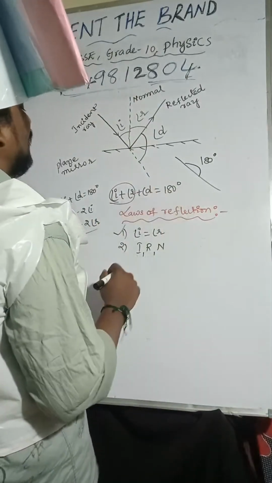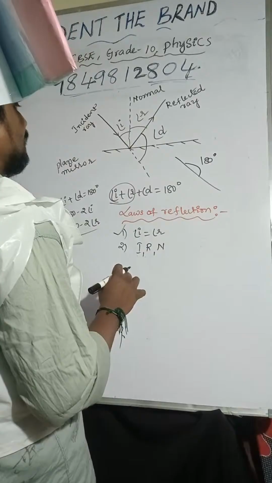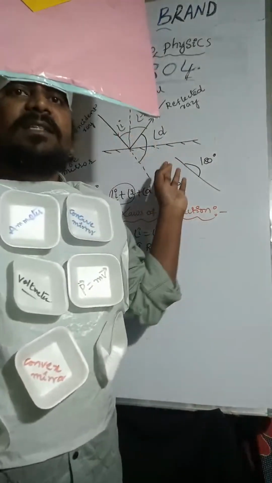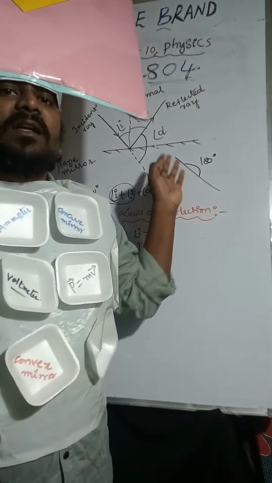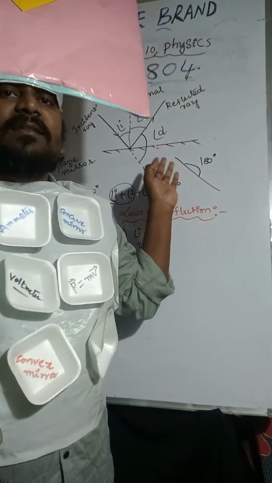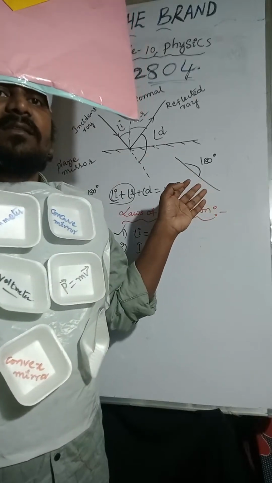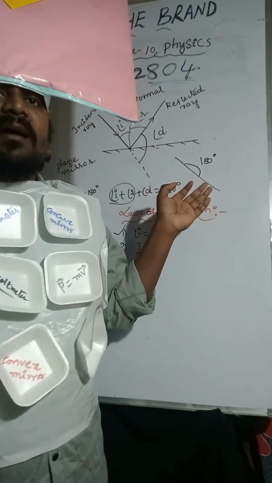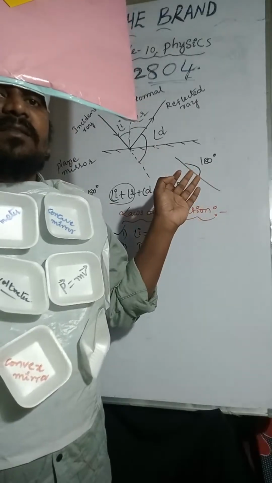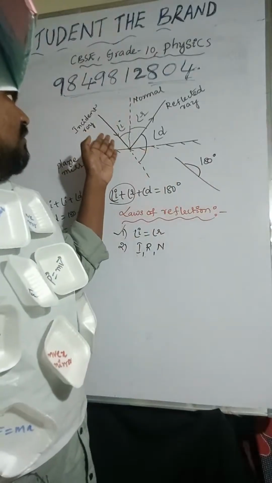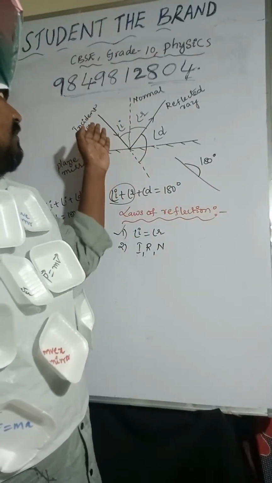This is about the laws of reflection. The bouncing back of light from the reflecting surface is called reflection of light. The light which is incident on the surface is called the incident ray.